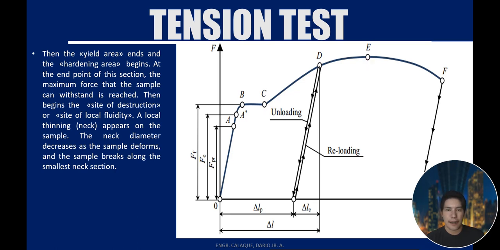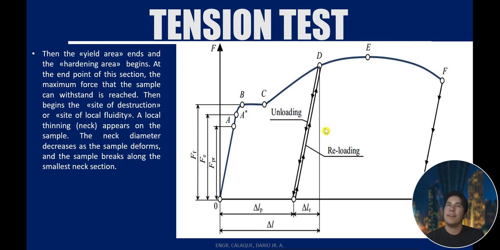Then, begins the site of destruction. Itong E to F. So, dito yung site of destruction or we call it the site of local fluidity. So, a local thinning or neck appears on the sample. So, such as yung na-observe natin doon sa test. So, nag-necking siya. No? And the neck diameter decreases as the sample deforms and the sample breaks along the smallest neck section.